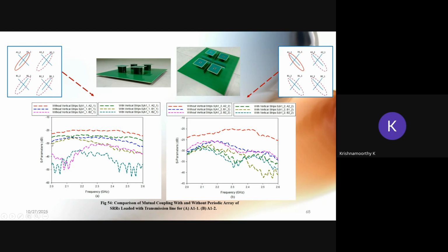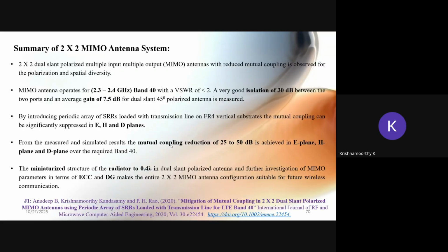The isolation without SRR loading is 20 dB. With SRR loading, we can get a 5 dB improvement between the elements, and a maximum of 10 dB improvement with the adjacent elements. That kind of isolation improvement we have achieved in the MIMO antenna.